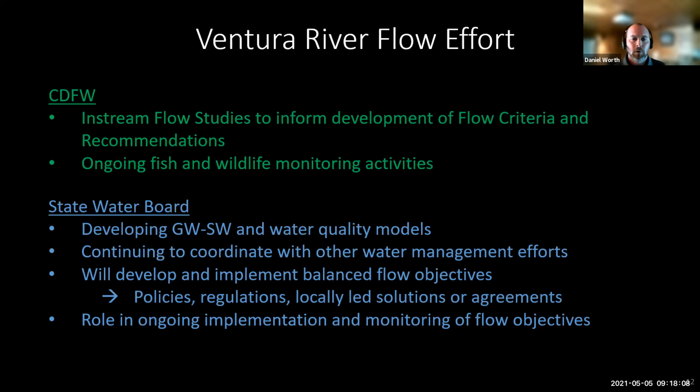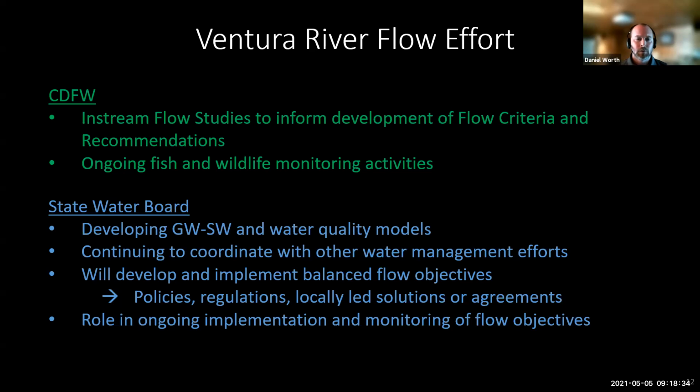In the Ventura River watershed, the effort to enhance in-stream flows is roughly divvied up as shown here. CDFW is conducting in-stream flow studies to inform development of flow criteria and recommendations. CDFW also has ongoing fish and wildlife monitoring activities in the watershed, as well as permitting and regulatory activities, which are sometimes related to flow.